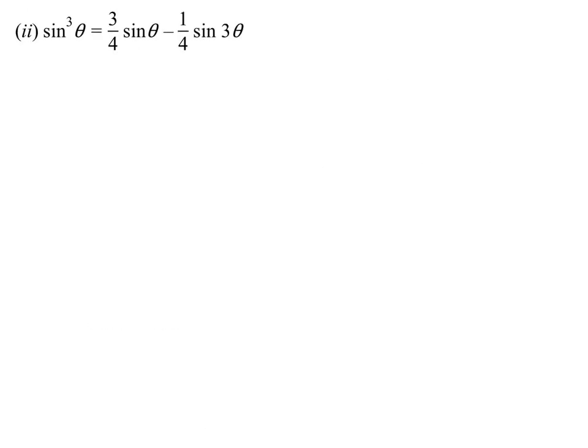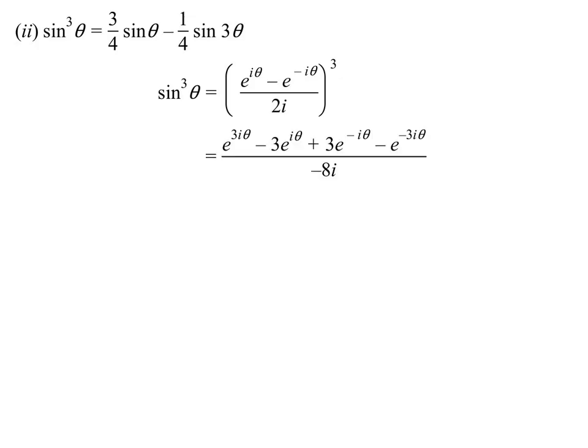Okay, what about this one? Sine cubed θ is 3/4 sine θ minus a quarter sine 3θ. Well, sine cubed, I'll substitute in that relationship for sine. We're going to cube that. So the denominator becomes minus 8i, and on the top our cubic expansion. Now if I group these so that the conjugates are together, because then I can get the sine and the cosine back in, because that's all to do with the conjugates added together and conjugates subtracted.